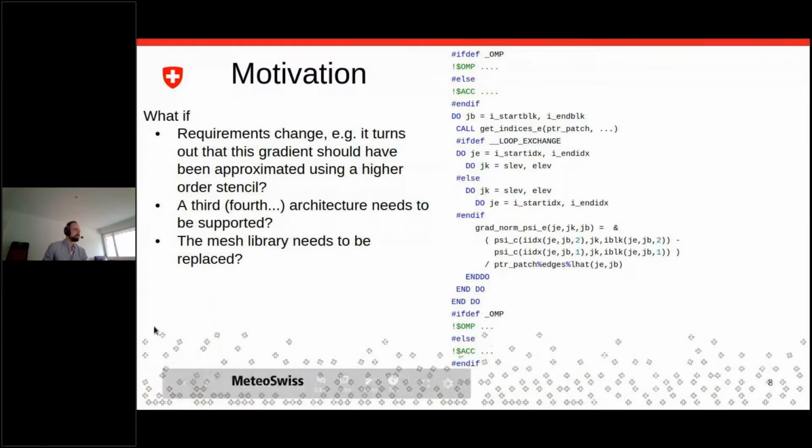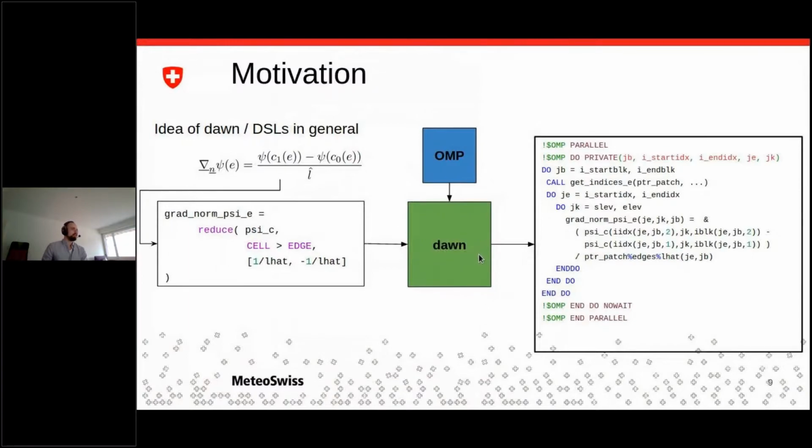And then also, for example, if we want to change the meshing library, all these indices and memory layouts are dependent on the meshing library, and it's very hard to do this with this form of code that we see here. And that's the motivation for Dawn, and the answer from Dawn to that problem is that you start off, again, with this numerical discretization, and then you express this as close to the original form as possible.